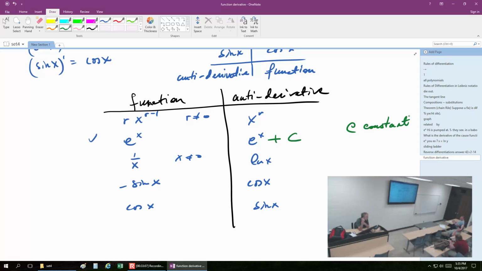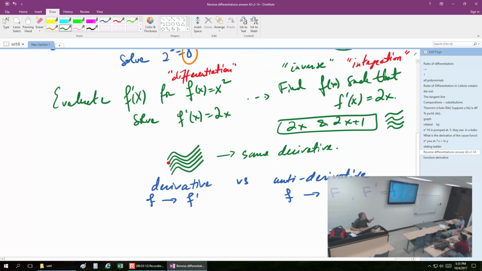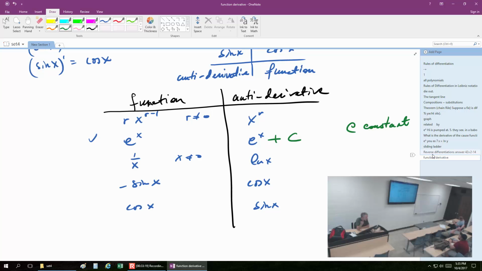You're going to get e to the x, right? So all of them are antiderivatives. Infinitely many antiderivatives, just like this picture over there. See, infinitely many of those curves. So we want to have them all, because we don't know which one we're going to need. Just like with motion, if you know your velocity, you know where you are, but not exactly. You know the pattern of behavior, but nothing else. So you don't know ahead of time. You want all of them.